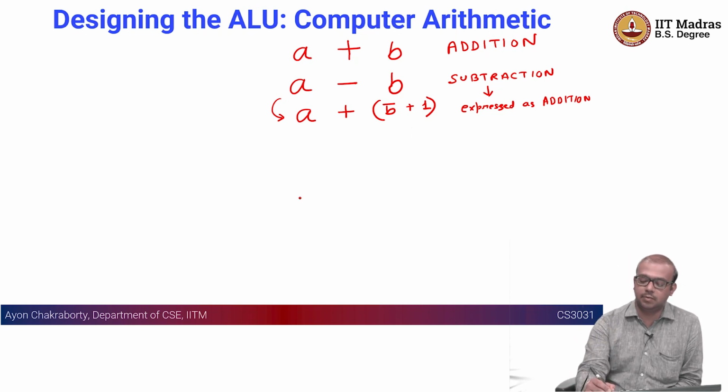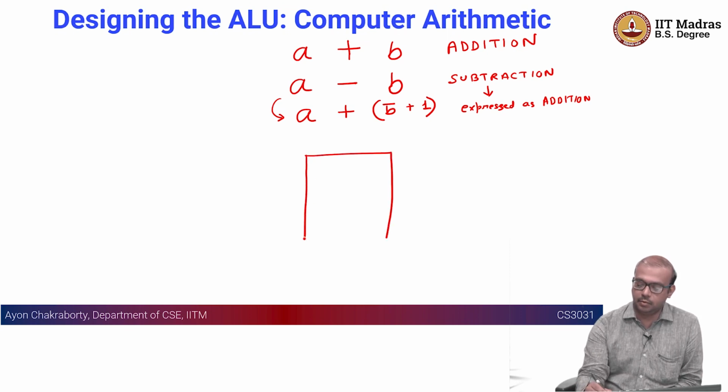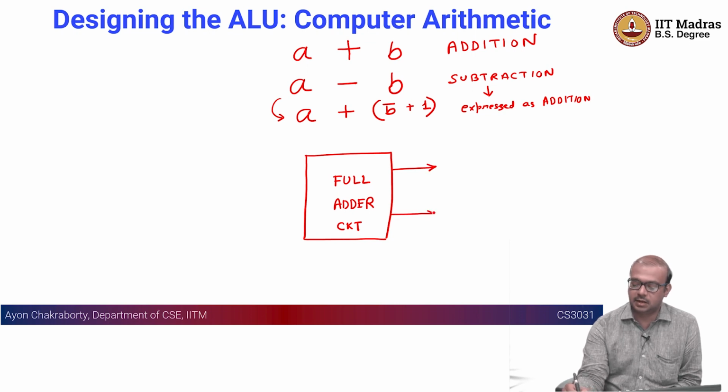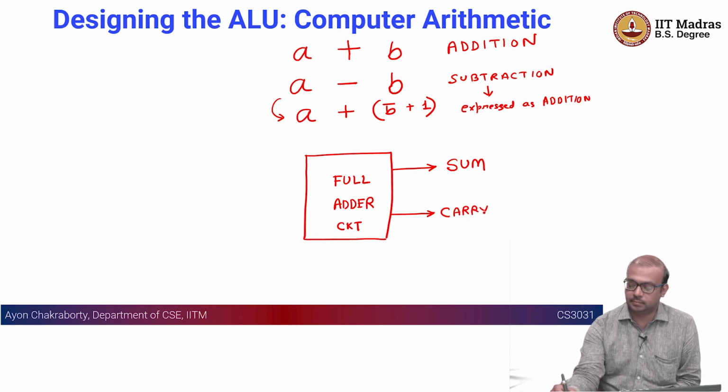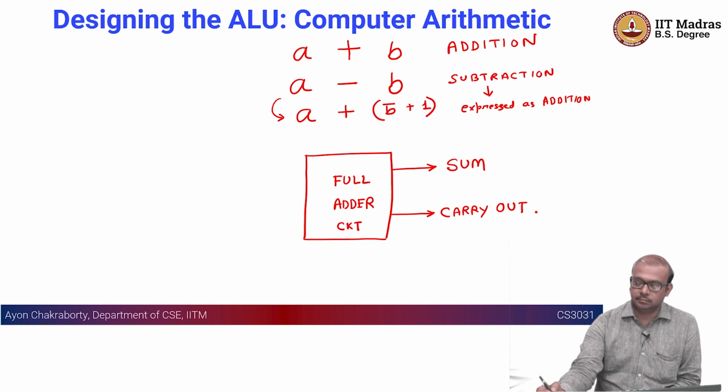Now let us try to understand how to get this done. This is our full adder circuit. The full adder circuit has two outputs: one is the sum, the other one is the carry out.